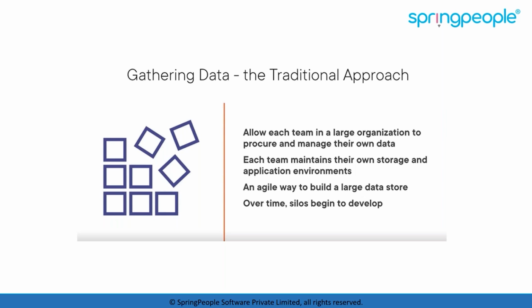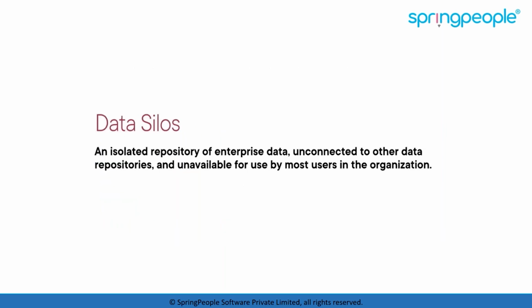Over time, what happens is it develops a kind of silo. Let me explain what a silo is. Silos are completely isolated repositories of enterprise data, unconnected to other teams and other repositories, and not available for use by most of the users in an organization.